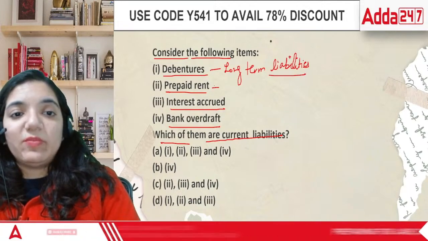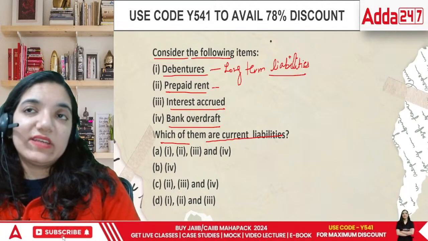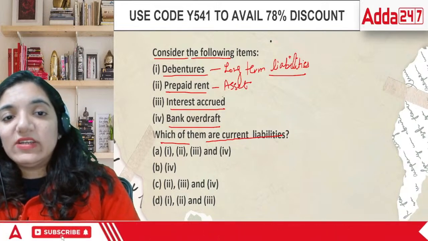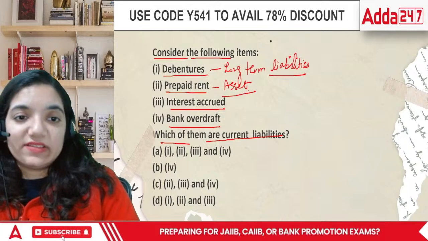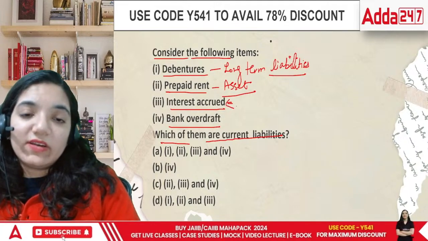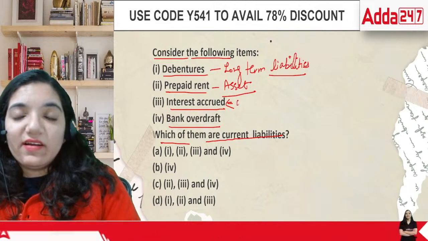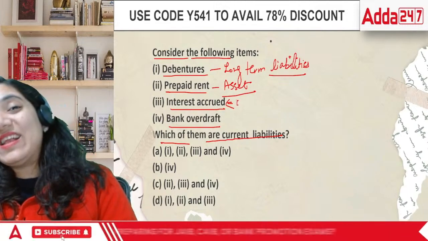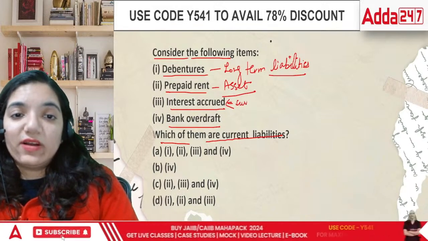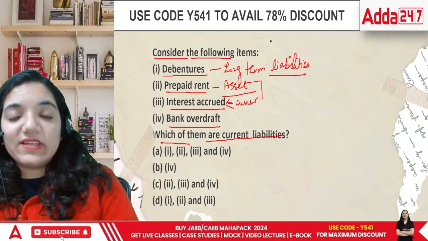Then we have prepaid rent. Prepaid rent is stated as an asset because we have paid in advance. So that makes it our asset. Then comes the interest accrued. Accrued interest is basically money that someone else is supposed to pay to us. This is an asset, and that too a current asset. Both of these are current assets.